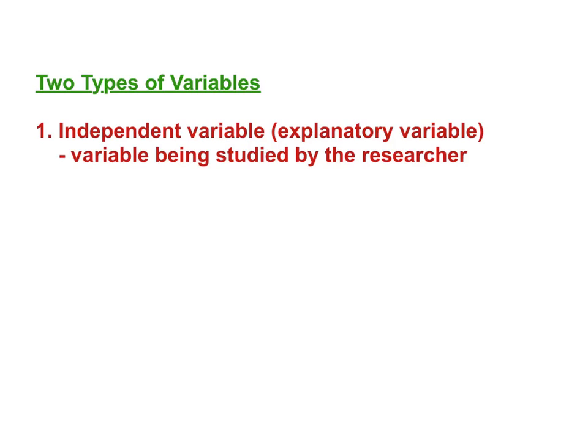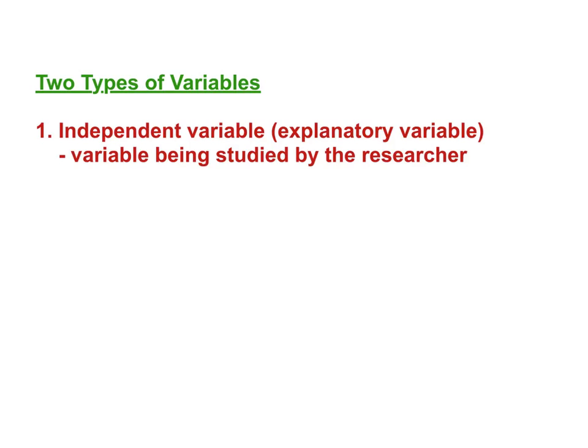Was that the x or the y in algebra? Yeah, it was the x. Independent variable is the x. The variable being studied by the researcher, another way that they will describe it is the explanatory variable.